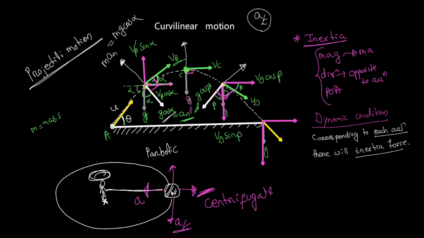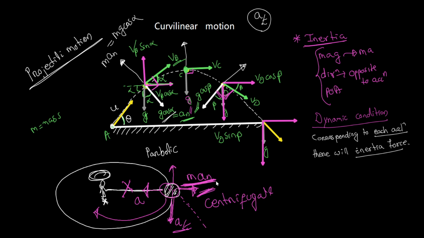Whenever the string will break, the object will not go in this direction or in this direction, it will go in a particular direction like this, because of the normal acceleration and the m into an, that is the force, because the motion is always along the force.